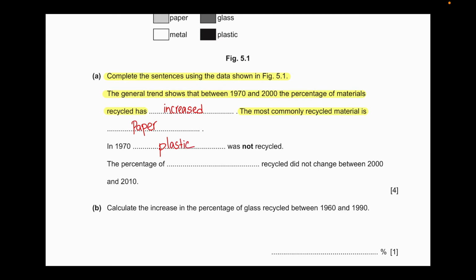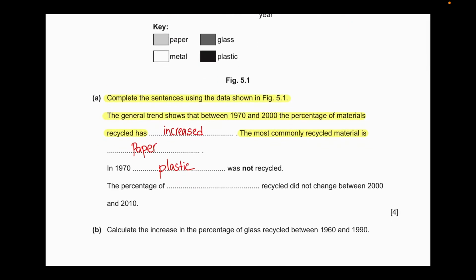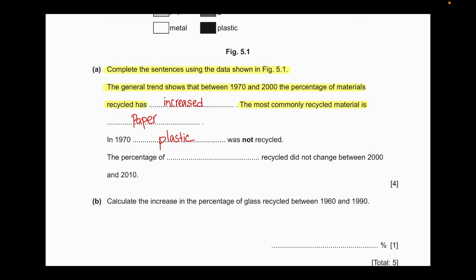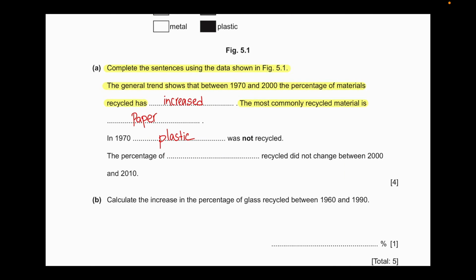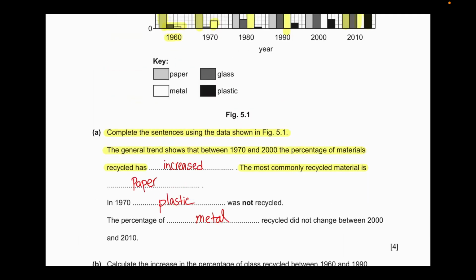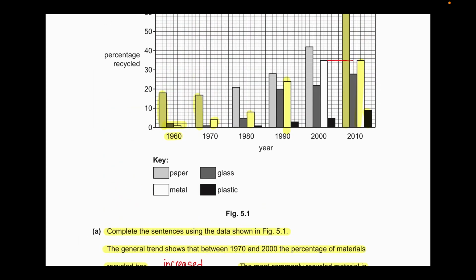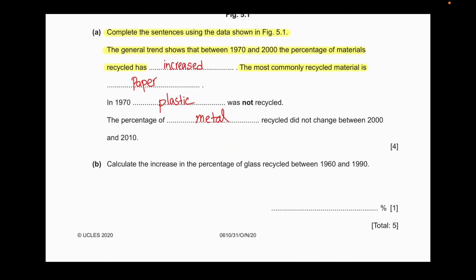The percentage of metal recycled did not change between 2000 and 2010. We can see it's exactly the same. So here is the proof. As you can see, it did not change, it just remained as is.